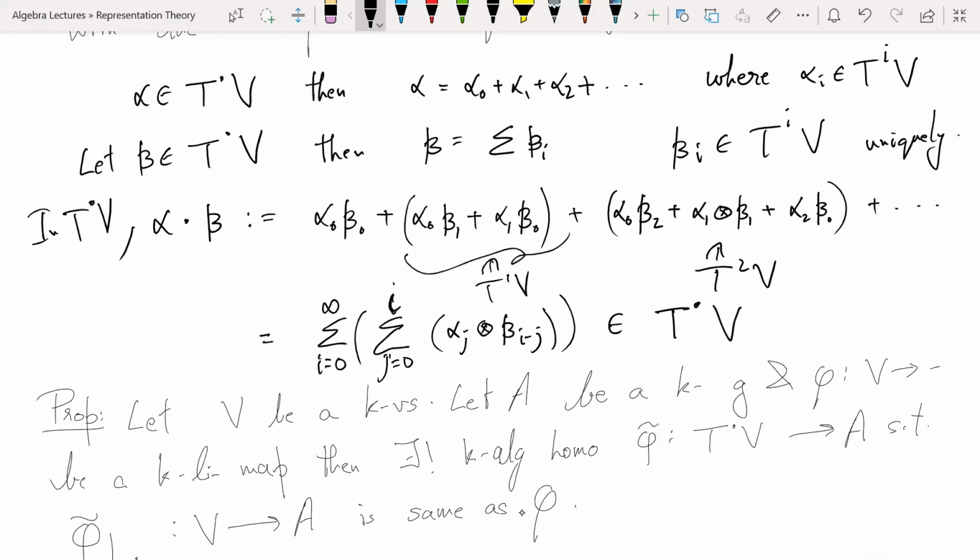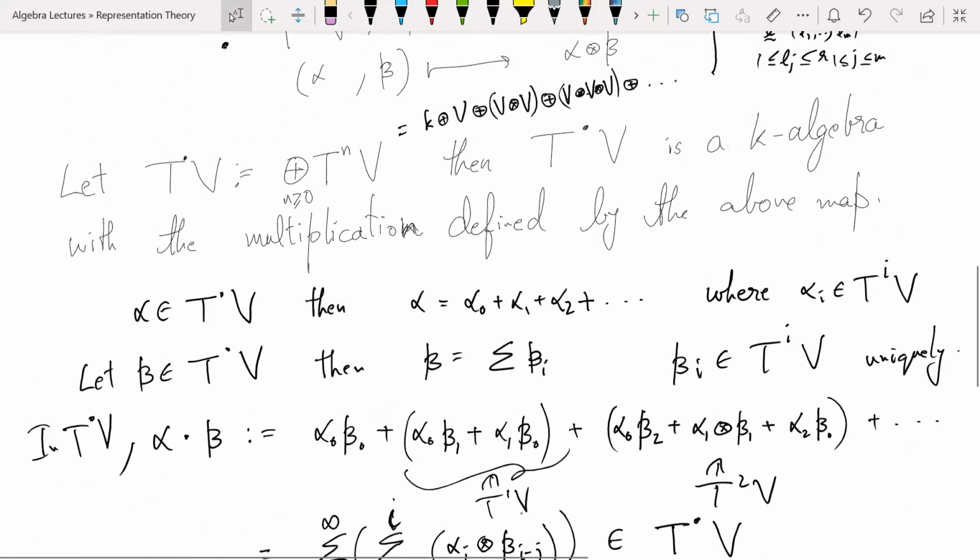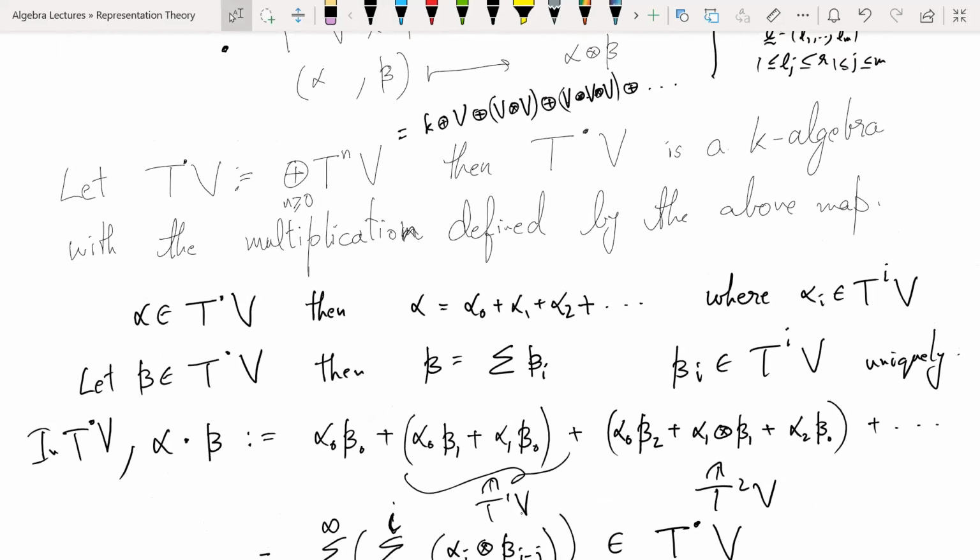Of course one has to check that this is a ring. It's a group under addition, that is clear. You have to check whether multiplication is associative or not.